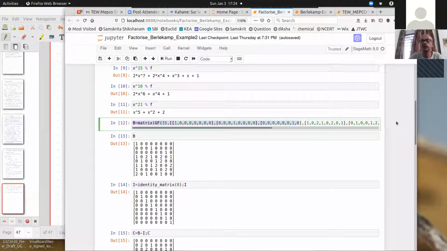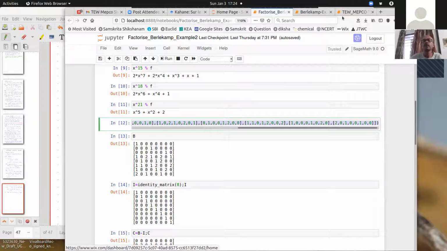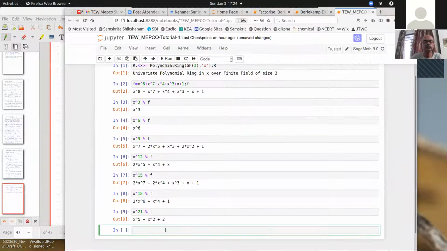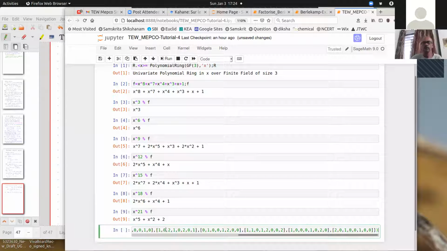It's very long. Yeah, it works. So this is just entering the vectors. I would explain how I entered.